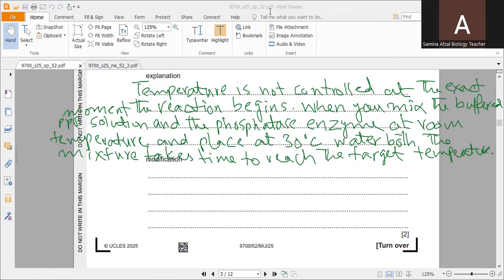So I would write that we can place the test tubes containing the buffered phenolphthalein phosphate solution and a separate tube containing the phosphatase extract into the 30 degree water bath before mixing. So both should be at 30 degrees centigrade before mixing.